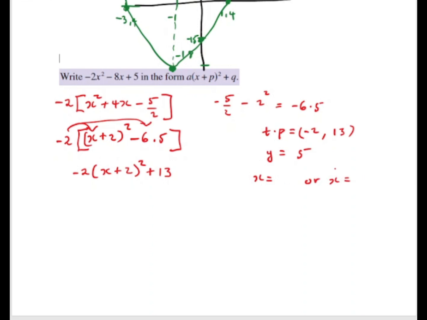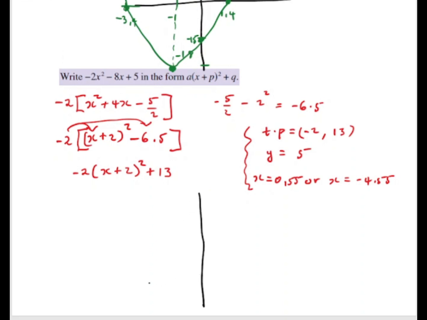Also for this one you can use the quadratic formula to solve and get the two values. If you solve it, you find that one value will be 0.55, and the other one will be -4.55.